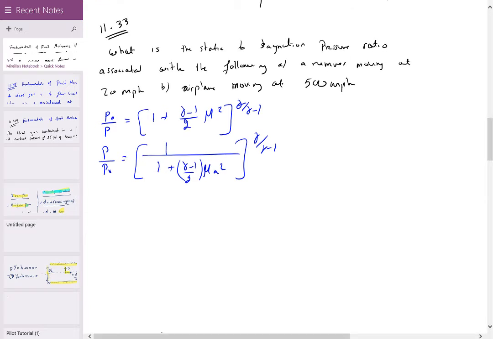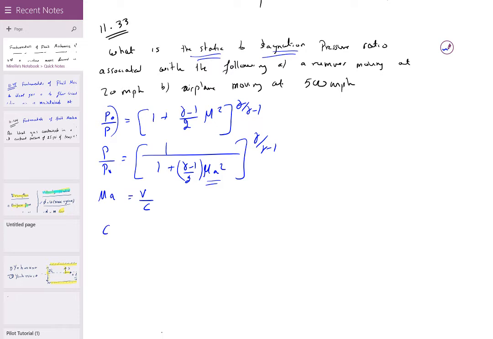Okay, so first things first, I'm asked to find the static to stagnation pressure ratio. So I have gamma, I need to find my Mach number. Mach number is V over C. C is the square root of gamma RT.